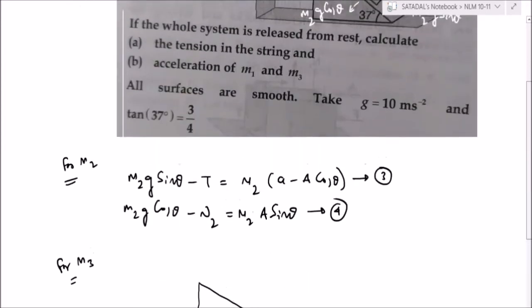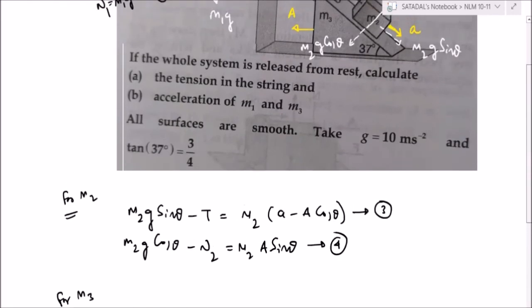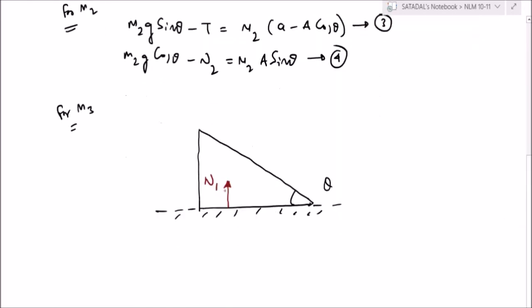Correct only, no? No, N1, N3. N3. Downward direction, M3 into G. Correct? In this direction, N2. So this is N2 sin theta. This is N2 cos theta, as this is also theta.